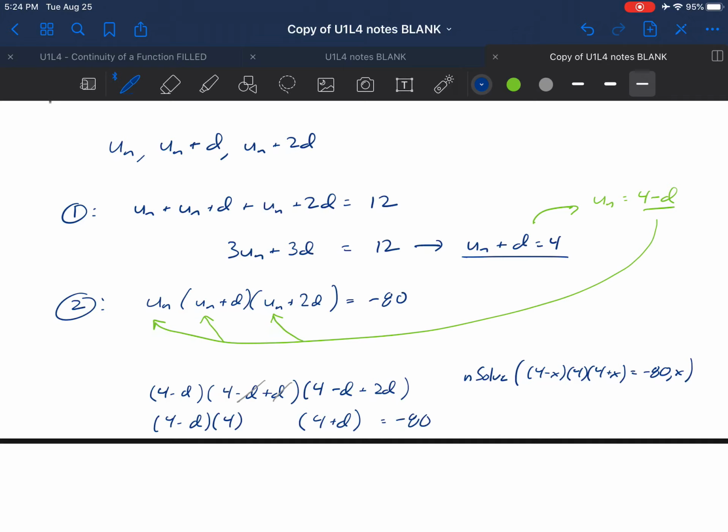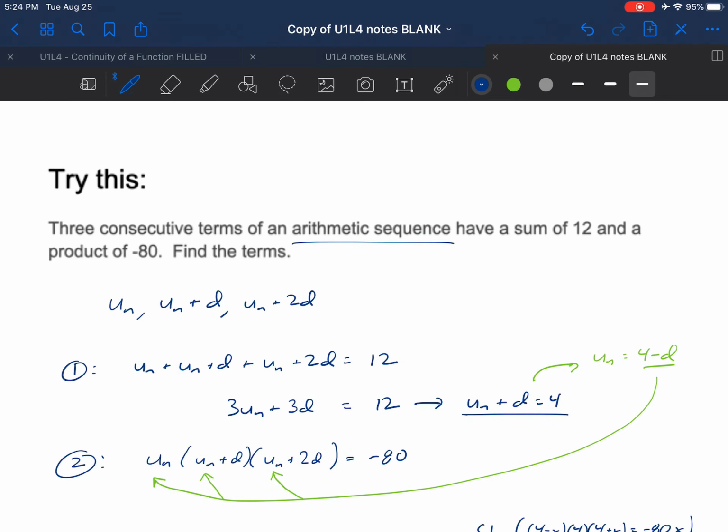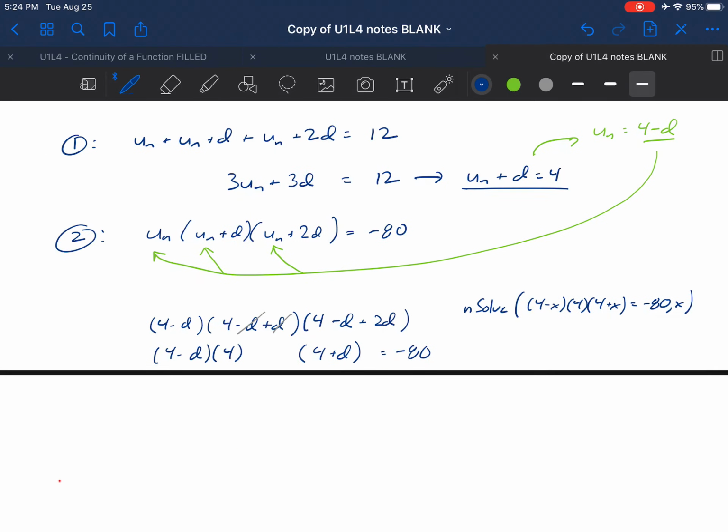I got 6. So this gives by nSolve that d is 6.